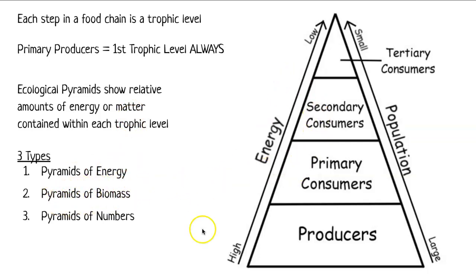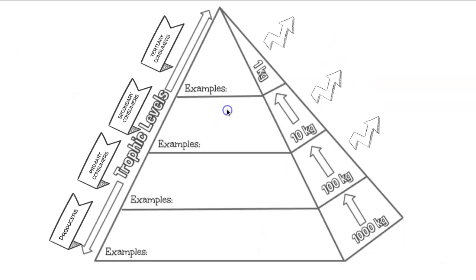If you look at this diagram, I also want you to notice that as you move up in the pyramid, the energy levels shrink, as well as the population size. There's a whole lot more producers and a whole lot more energy at the bottom of the ecological pyramid than there are at the top.